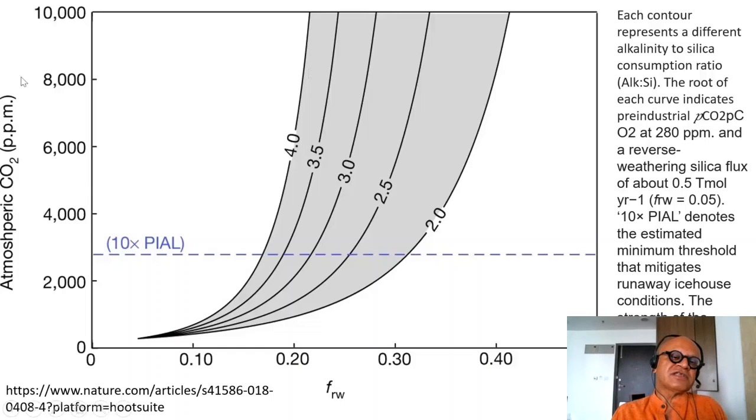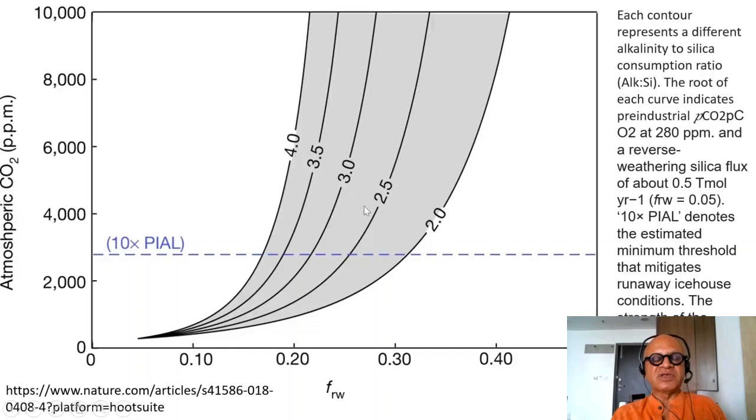The point again is that atmospheric PCO2 is indeed regulated by reverse weathering reactions at the bottom of the ocean, which depends on these various factors like alkalinity to silica consumption rates and the silicate weathering feedback.